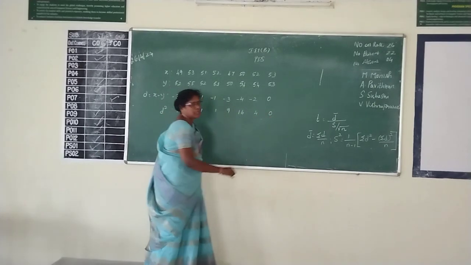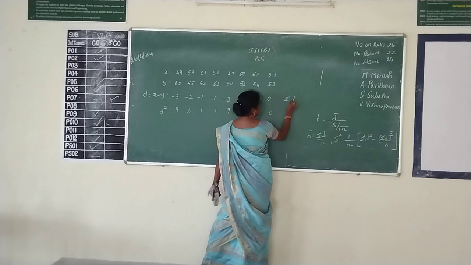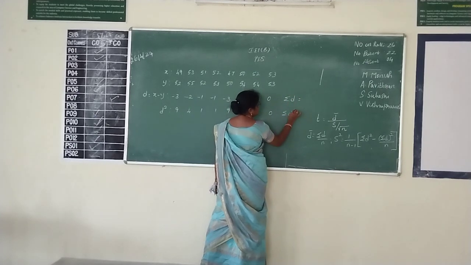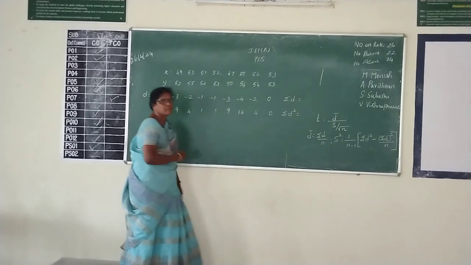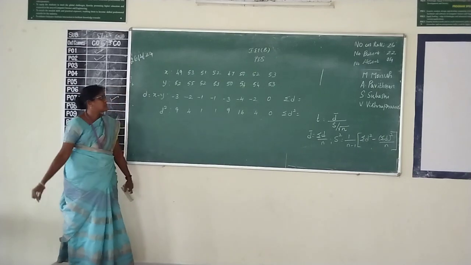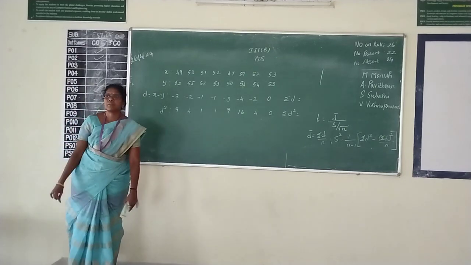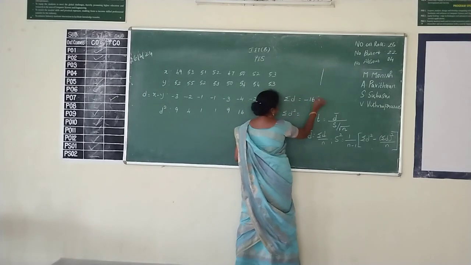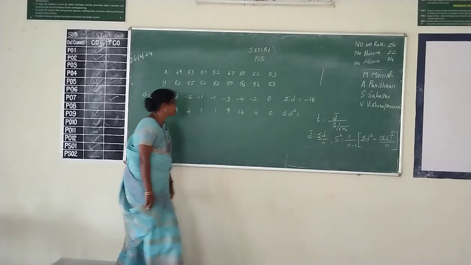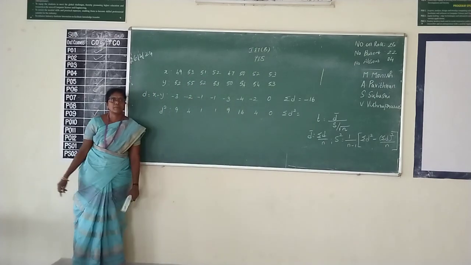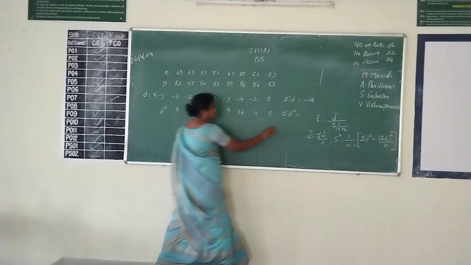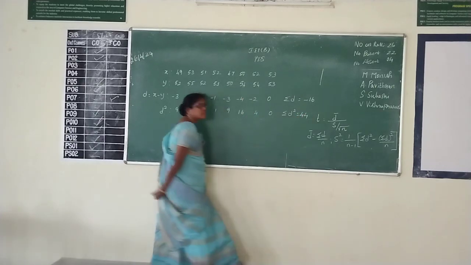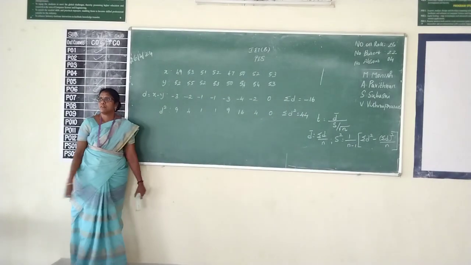Now find the total. Add all these, that will be the summation of D. Add all the squares, that will be the summation of D square. Minus 16, and 44.